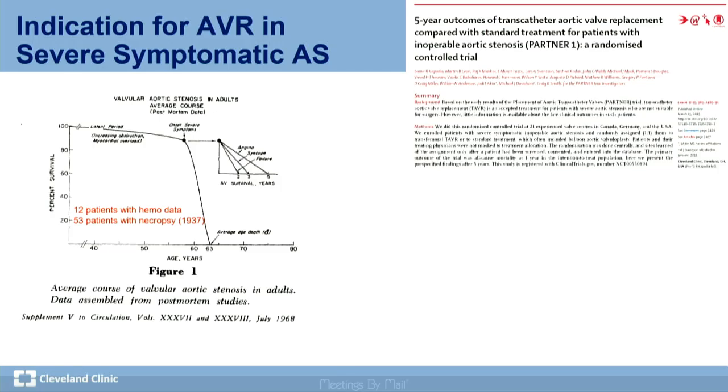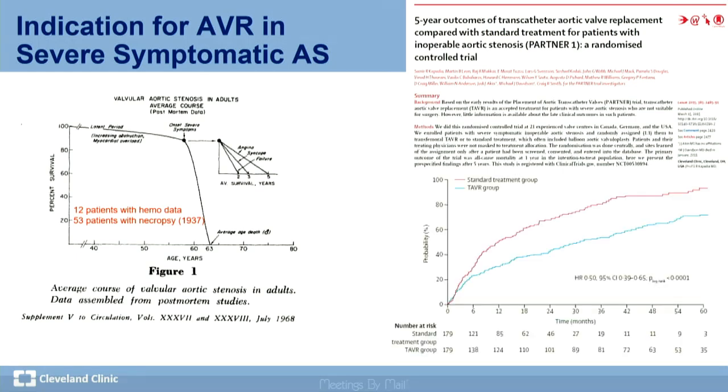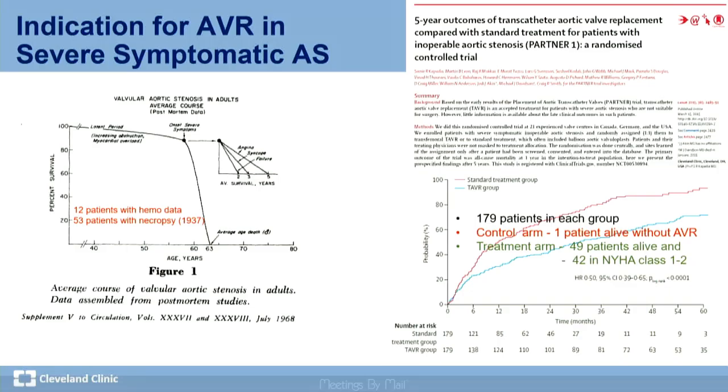So we randomized them, 179 in each group. Very painful experiment. We published it in Lancet. And we verified what Dr. Braunwald said, that in 179 patients, everybody died at 5 years. This is very, very painful. One patient was alive without AVR, just one patient.